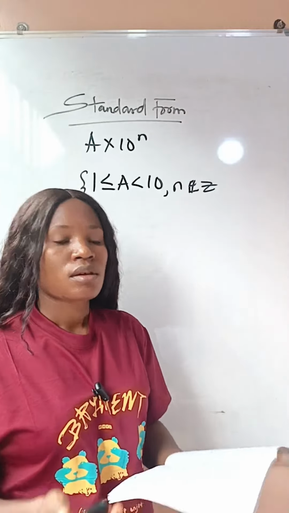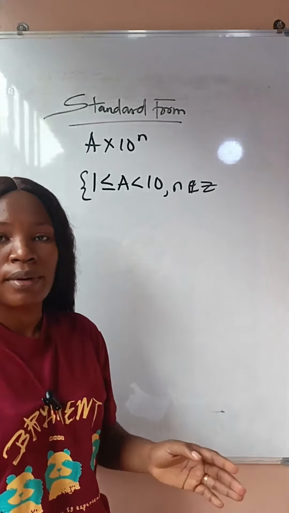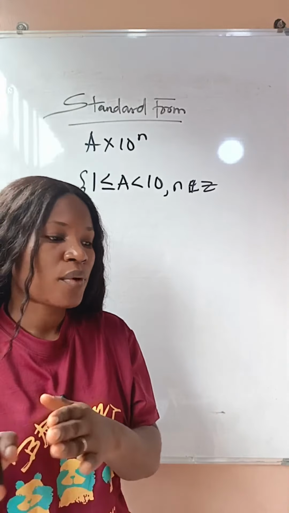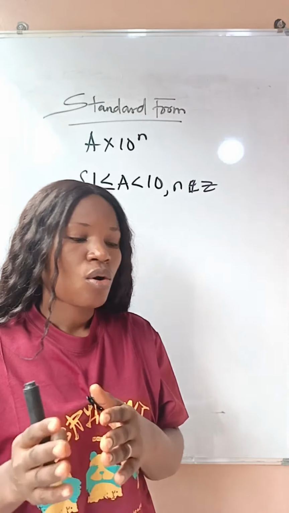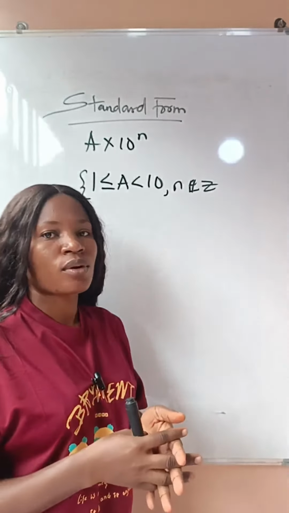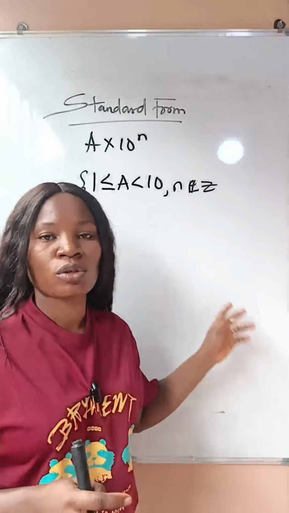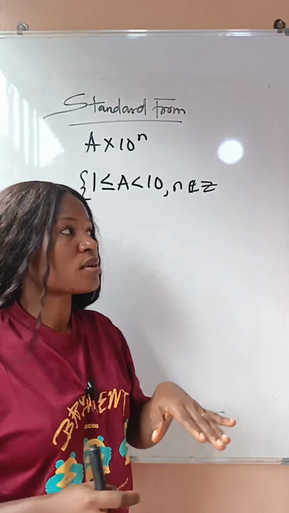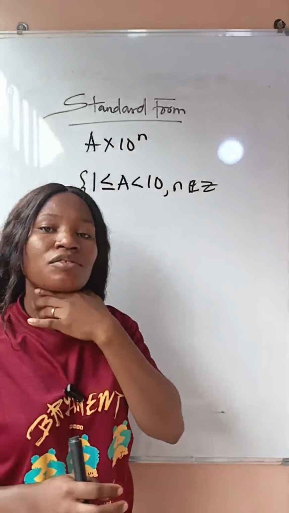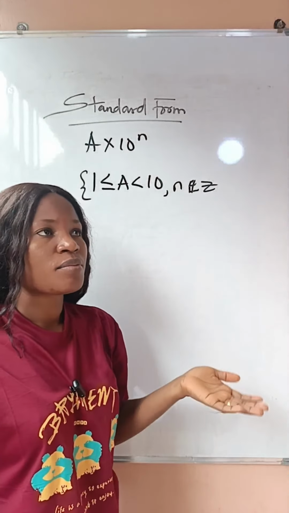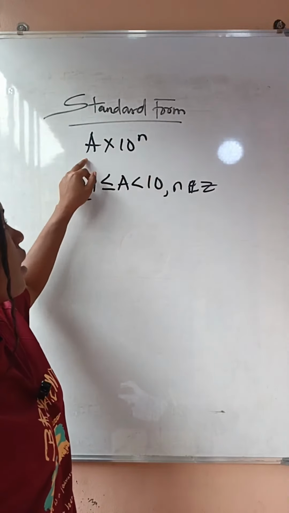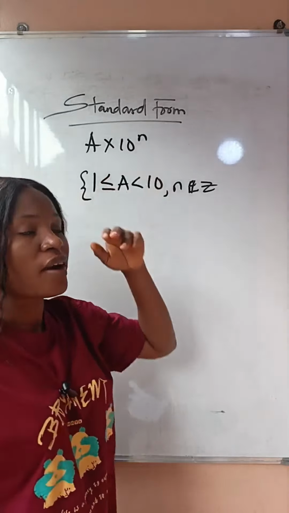All right. So, any whole number has its decimal point at the end of that number. If you're just joining us, you are welcome. I'll just do a brief introduction again because no one was here before. I said that if you say that a number is in standard form, it simply means that that number is written in this form: a times 10 to the power of n.